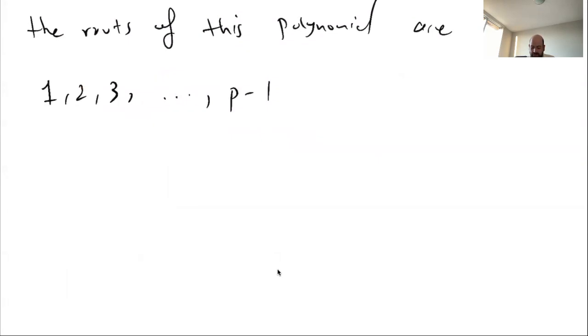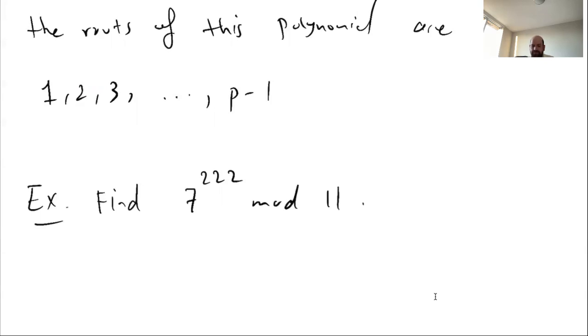Okay, so first let me do an example and then we can prove this theorem. Example: let's say you want to find 7 to the power 222 mod 11.